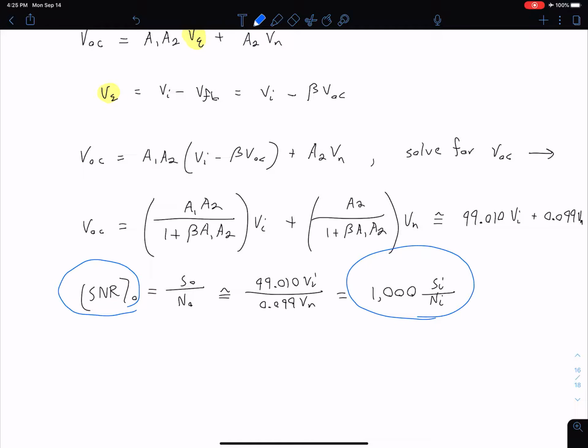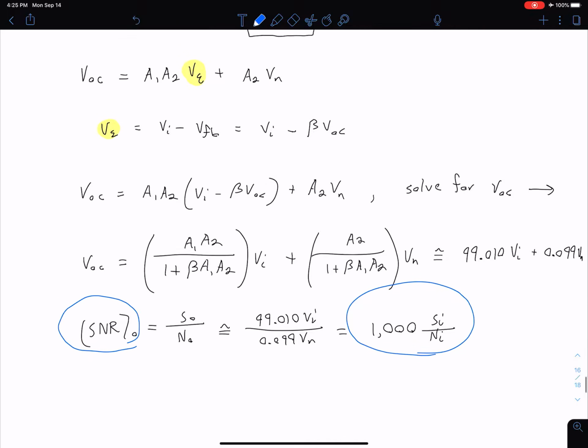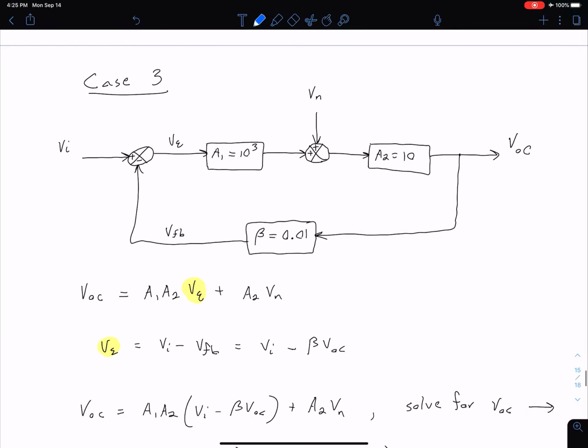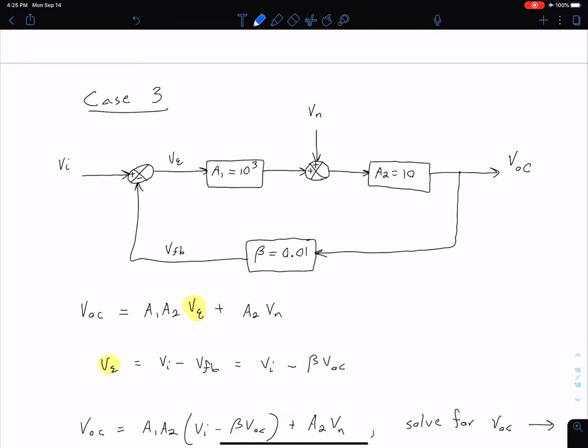So a vast improvement over the previous two configurations where we didn't have feedback. So a couple things I want to point out though. Maybe in this situation, this is some high power amplifier. And typically our high power amplifiers are going to have more noise introduced. So we would block these two together.